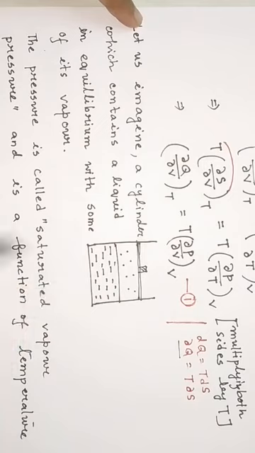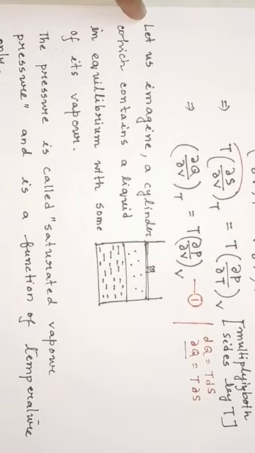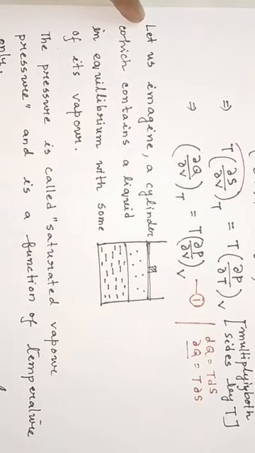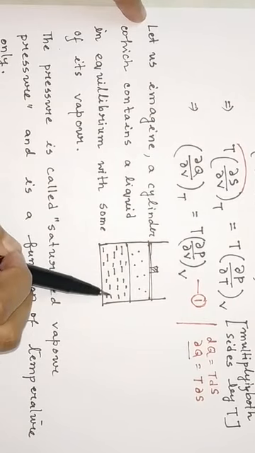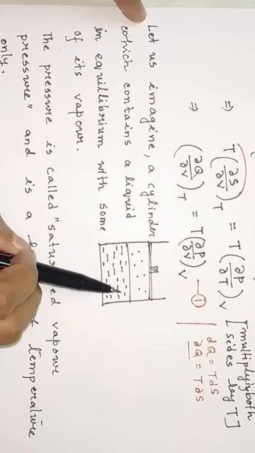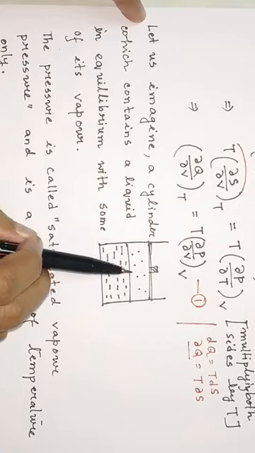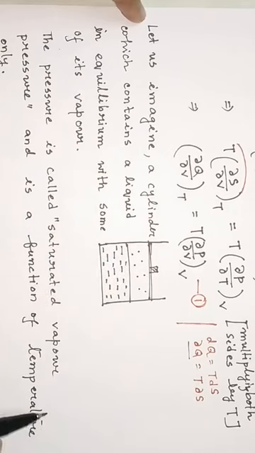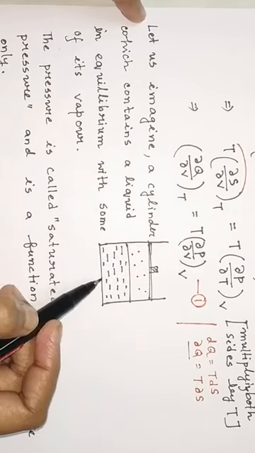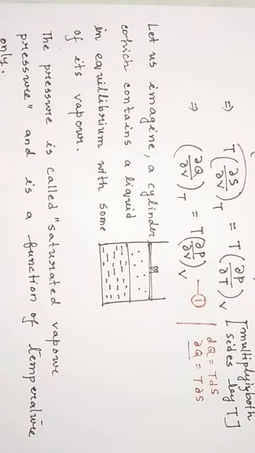In equilibrium means there will be no further evaporation of this liquid, so there is no decrease in the amount of the liquid and increase in the amount of the vapor. They are fixed amounts, and that's why they are in equilibrium.